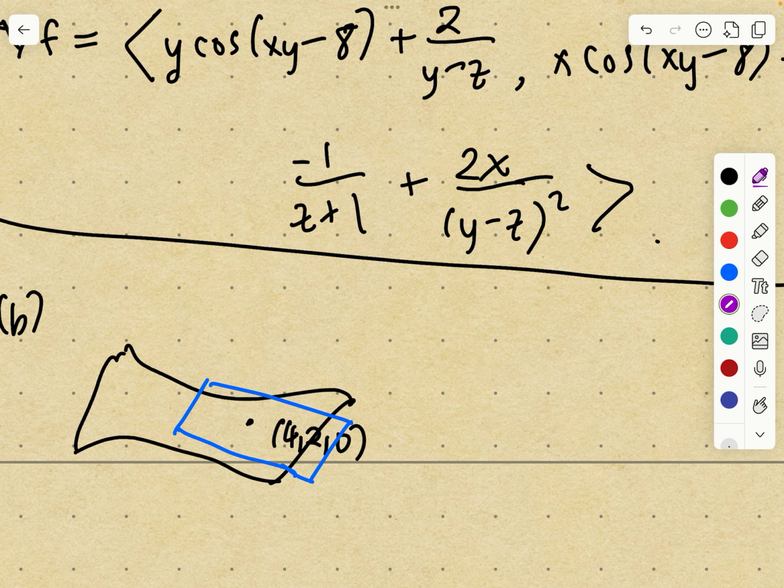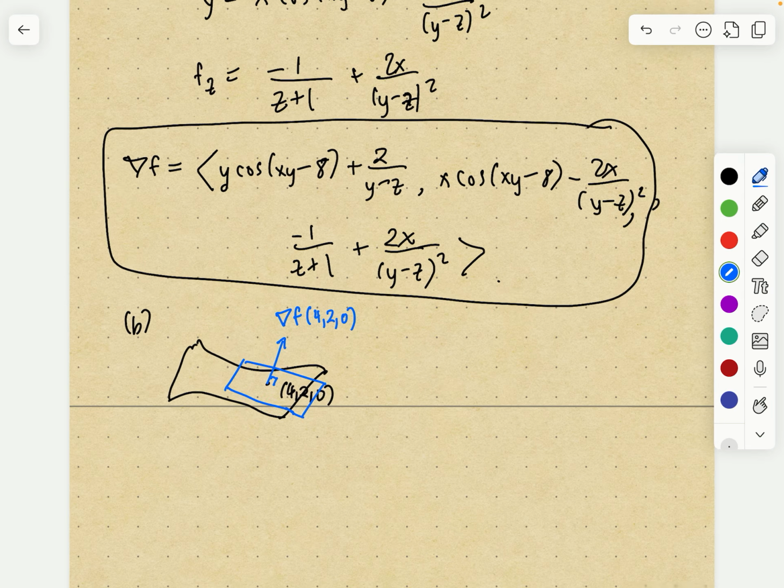And then the theorem that you're supposed to remember is that the gradient is orthogonal. So this is the gradient evaluated at 4, 2, 0. It's orthogonal to the plane, so it sticks straight out of the plane. That's a fact from multivariable calculus.